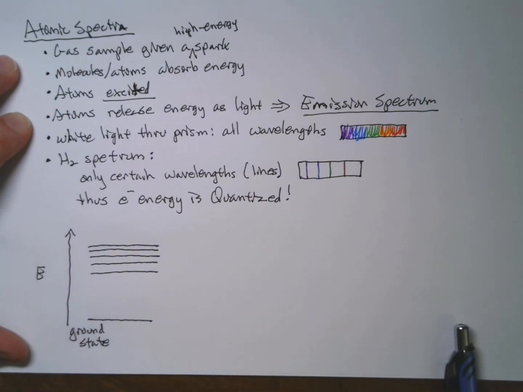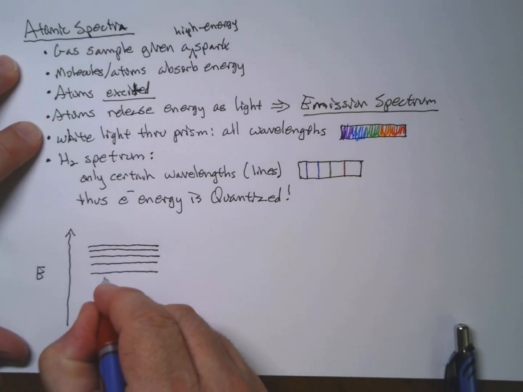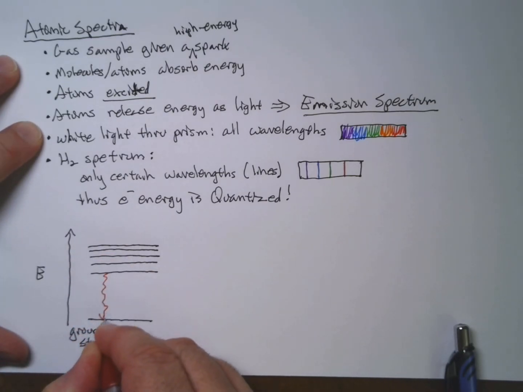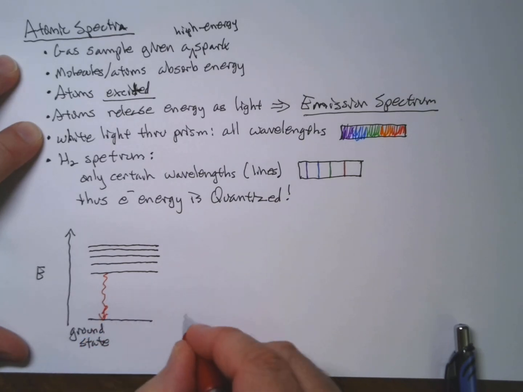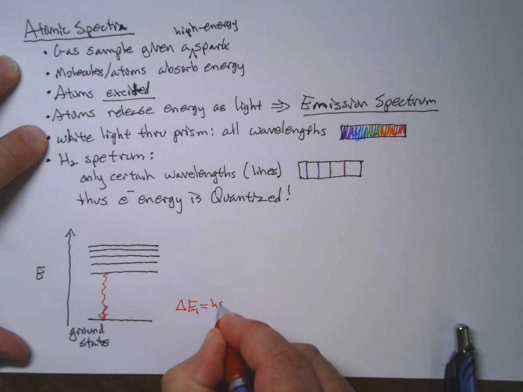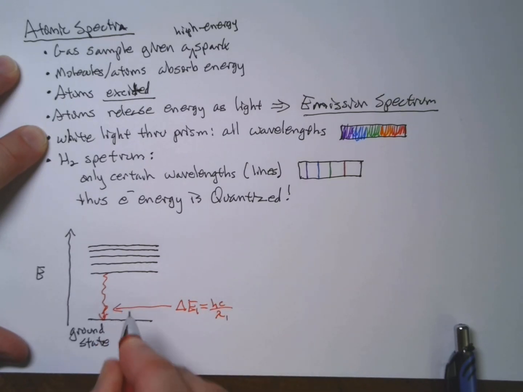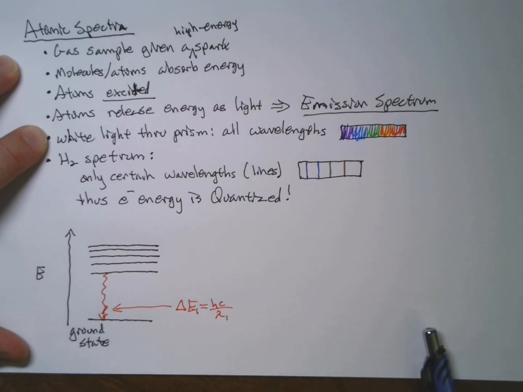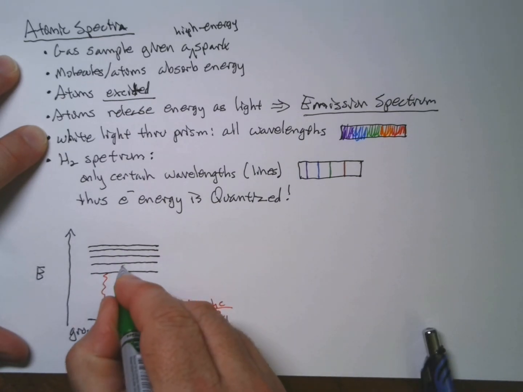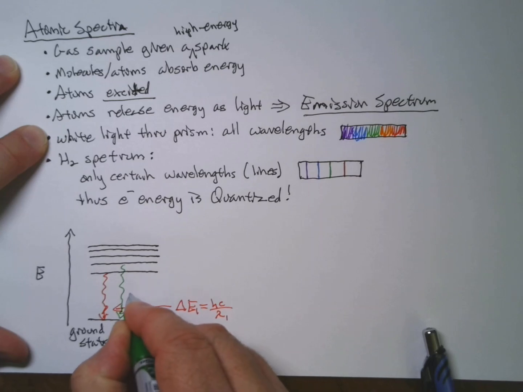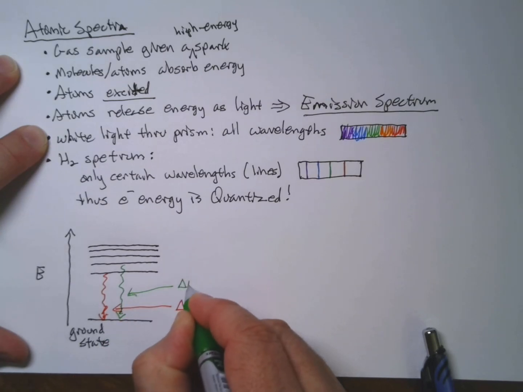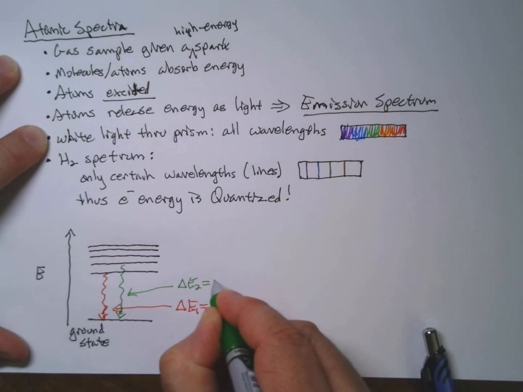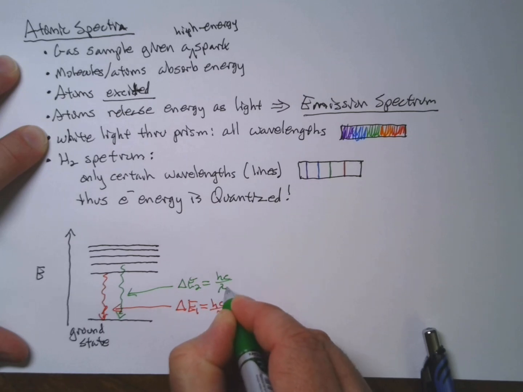And so we could have, let's say, light emitted, so delta E1 equals hc over lambda 1. And we could have this emitted at different wavelengths depending on delta E2 equals hc over lambda 2.